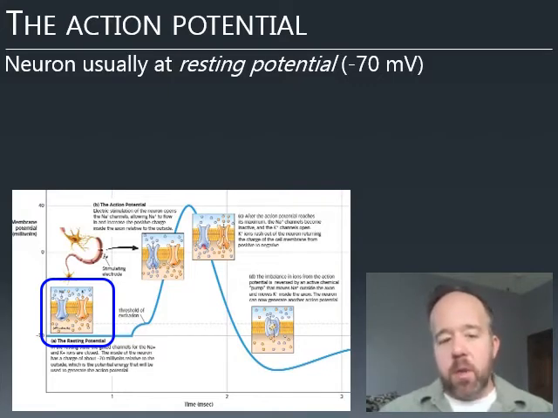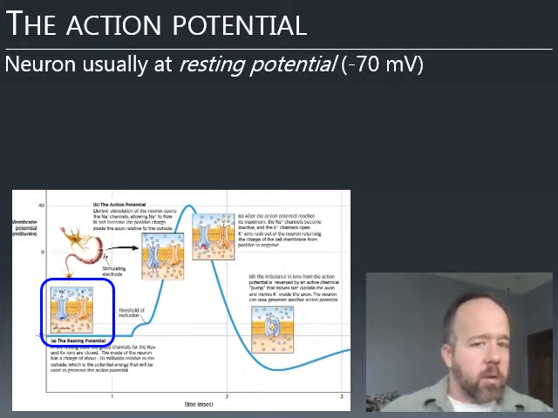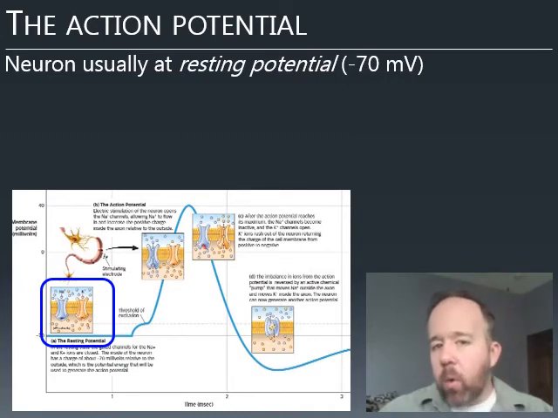It's at minus 70 millivolts, and embedded in the membrane of the neuron are what are called ion channels. And these are holes in the membrane, molecules that form little channels through which certain ions can pass, or not if they're closed. And normally the channels are closed. There are a few that are open that are letting potassium through. We're not going to worry about that.